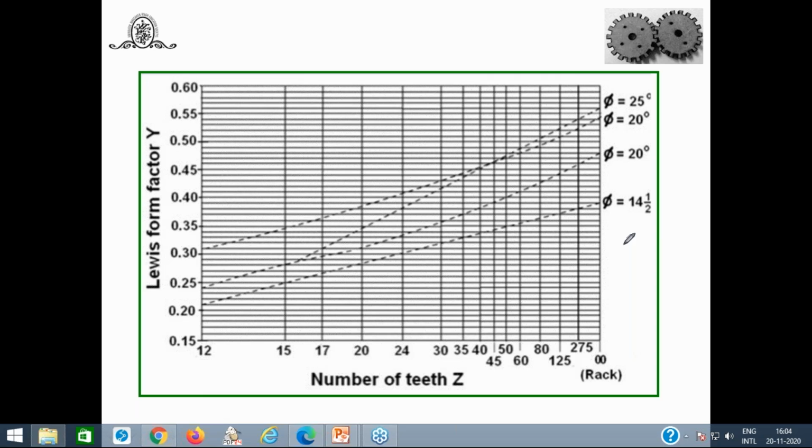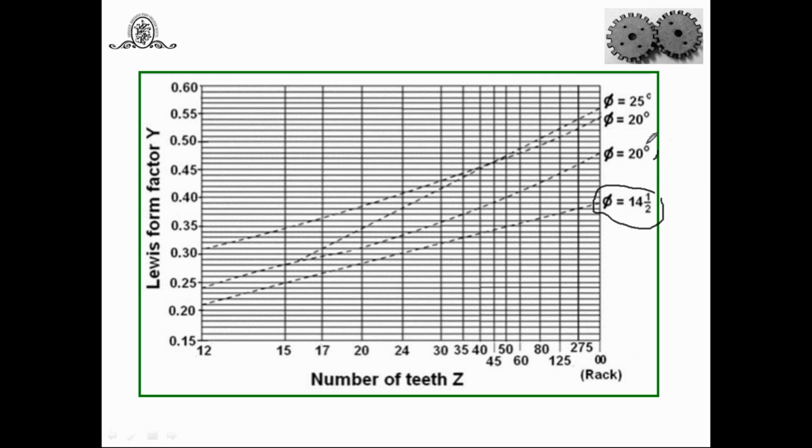By referring to the chart. When the same material is used, the pinion is always weaker. When different materials are used, how to decide which one is weaker and stronger? The sigma B into Y product plays an important role. Again, this chart is also given in many reference books. You can refer to the chart, but it is for different involute and pressure angles of tooth profile. Accordingly, we can use these charts.